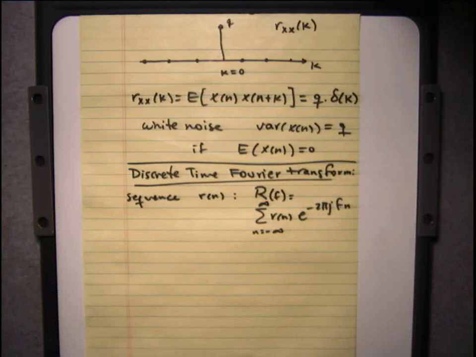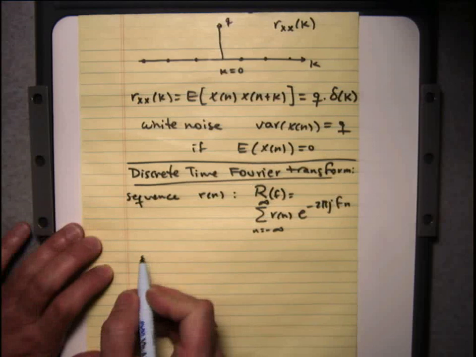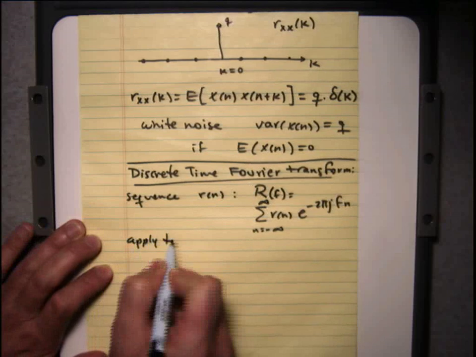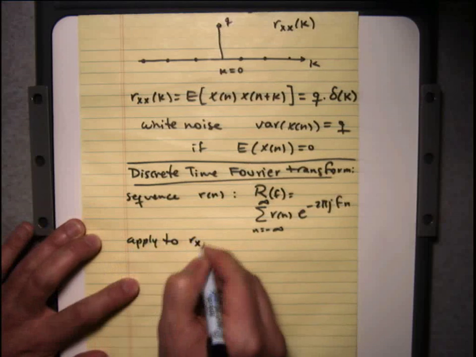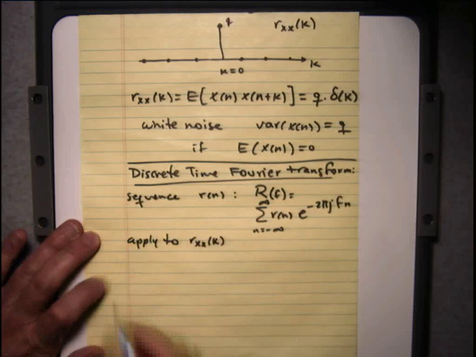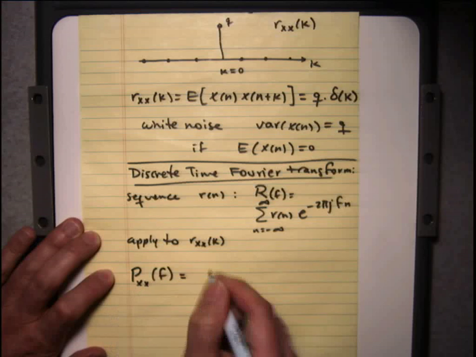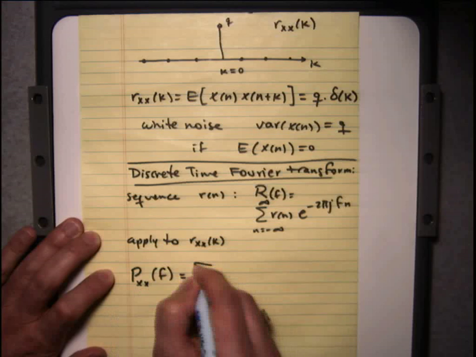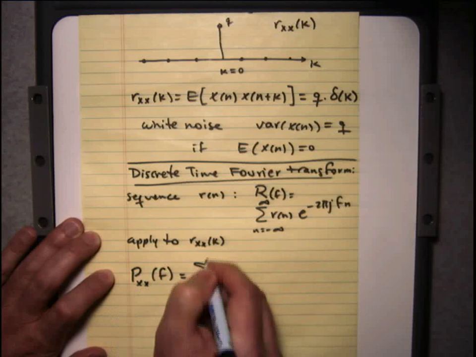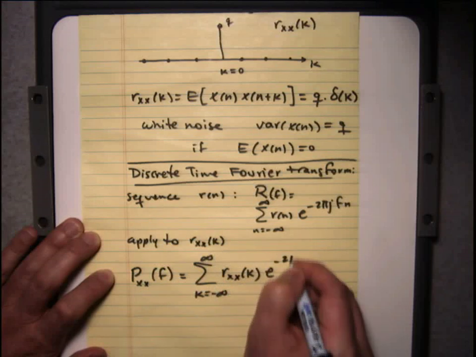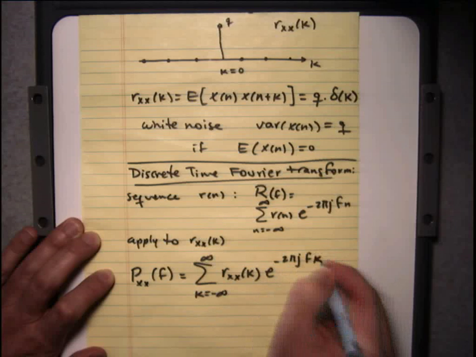Now we're going to apply this to the autocorrelation function Rxx of k. And we define it like this. We write P sub xx of f is equal to the sum, k is minus infinity to infinity, of Rxx k e to the minus 2 pi j f k.